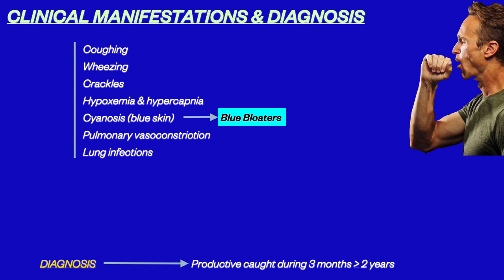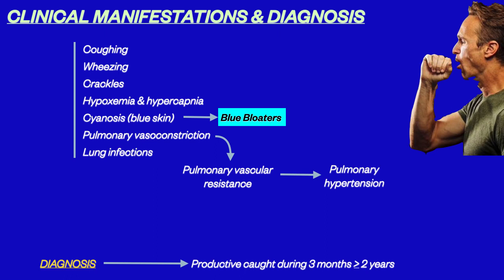But when a large proportion of the lungs are not exchanging oxygen effectively, a large proportion of blood vessels start to clamp down. And this has the effect to increase pulmonary vascular resistance, and to maintain pulmonary blood flow, the body responds by developing pulmonary hypertension.